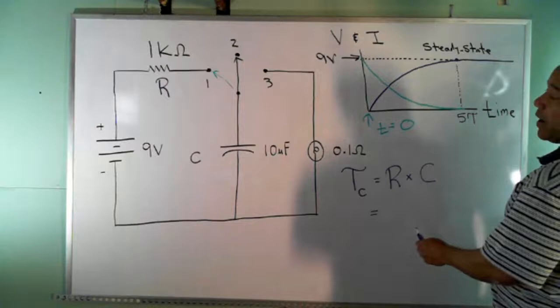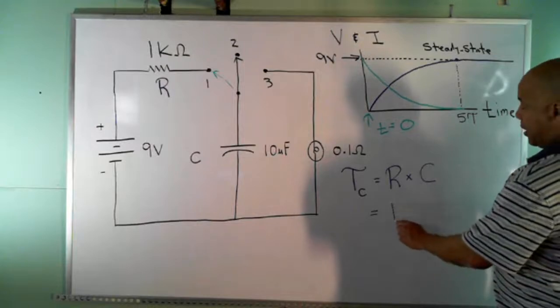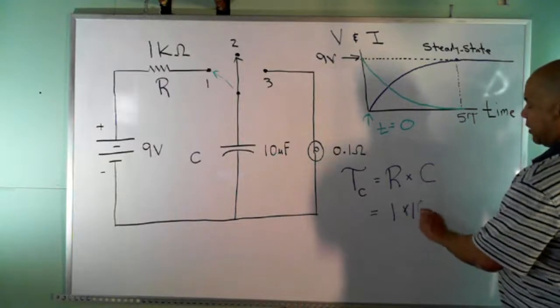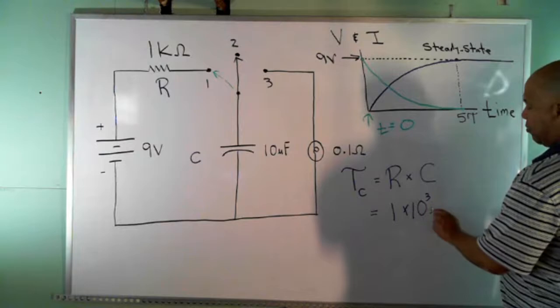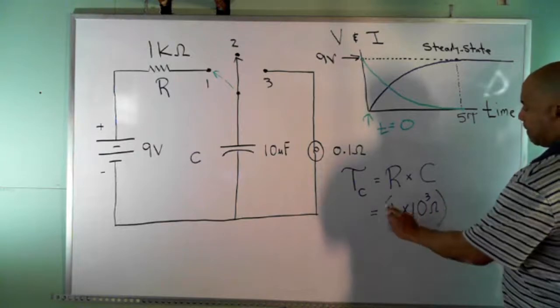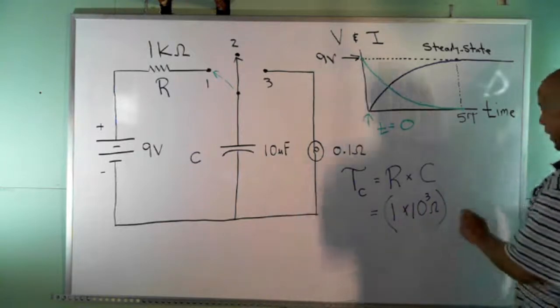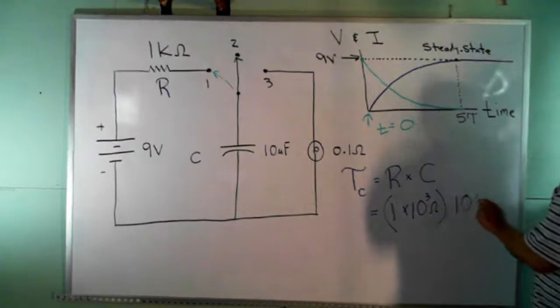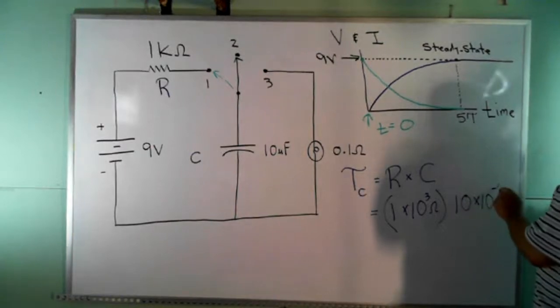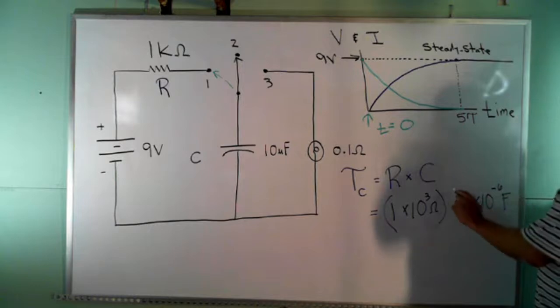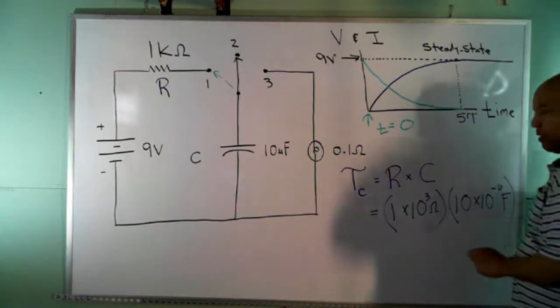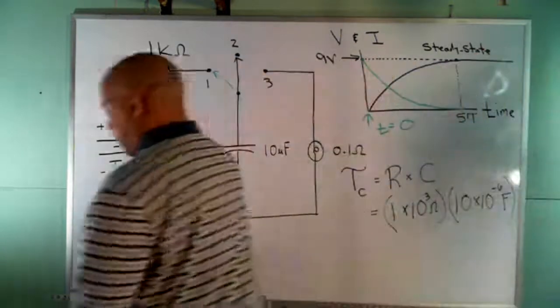So for R, I have 1 times 10 to the 3rd ohms. For C, I have 10 times 10 to the minus 6. And the unit, remember, for capacitors is a farad. So you go ahead and do the math for me.